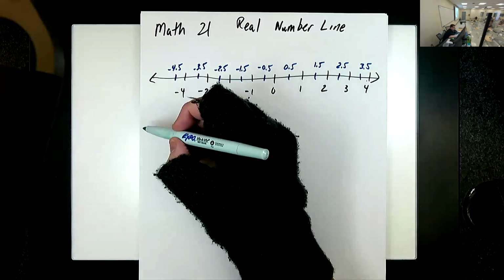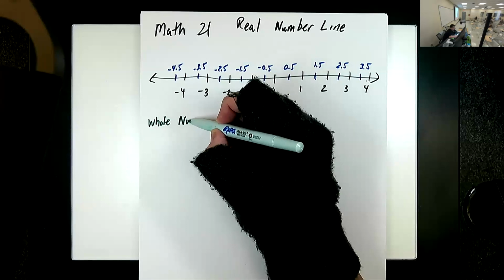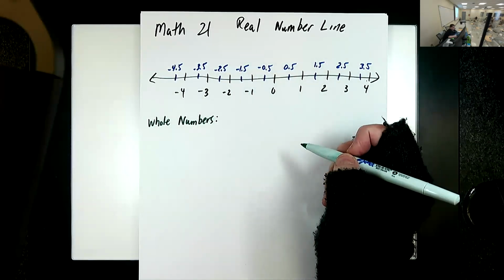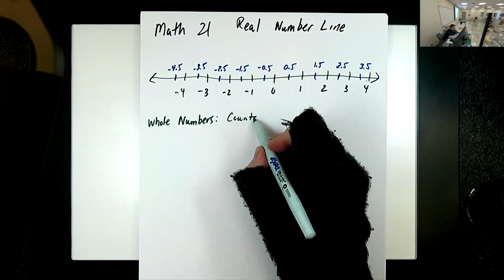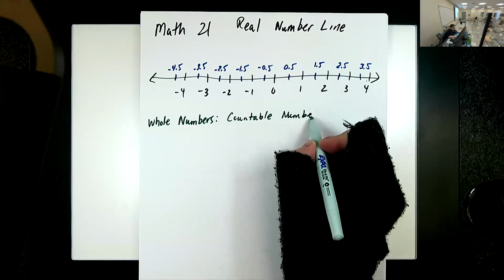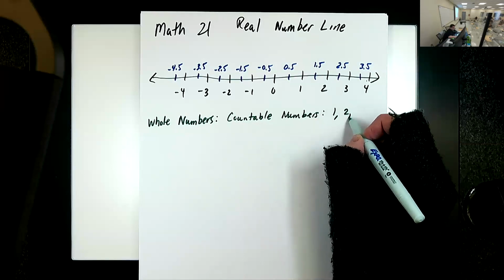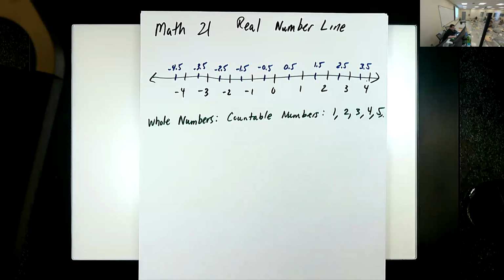There's a couple categories we have here. We have the whole numbers. Whole numbers are your countable numbers, like if you were counting items. You start with 1 item, 2 items, 3 items, 4 items, 5 items, etc. We wouldn't say we had 1.5 cars.